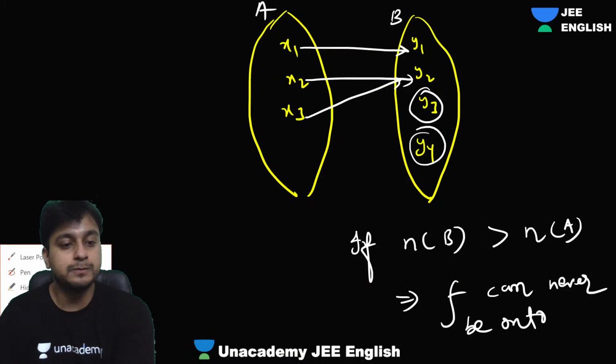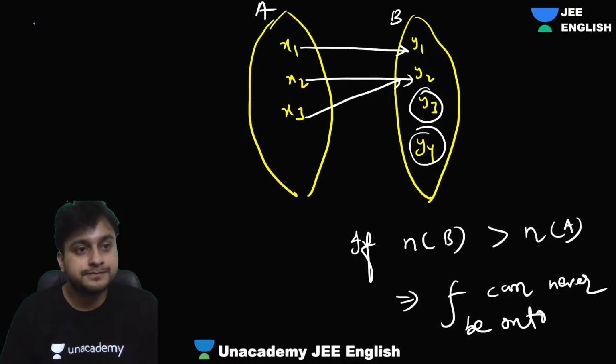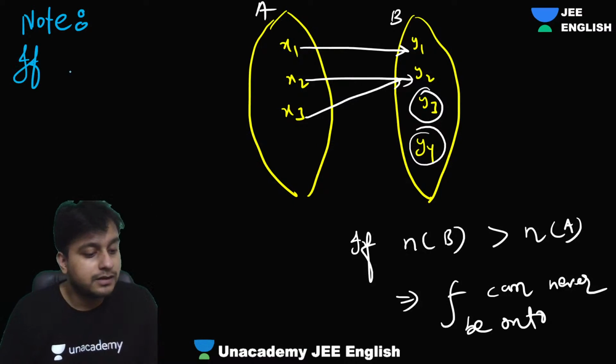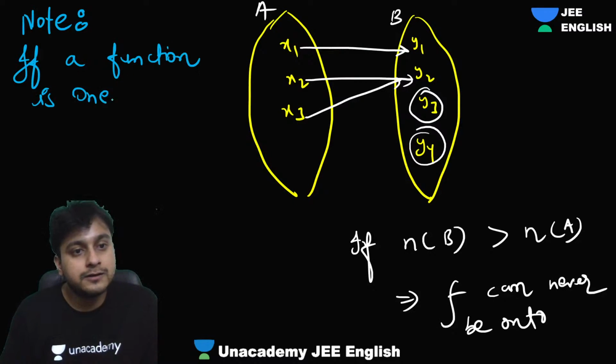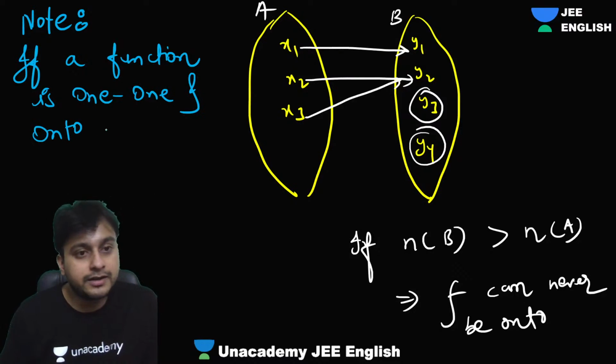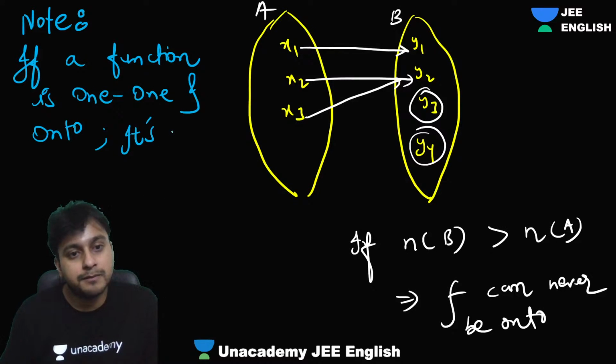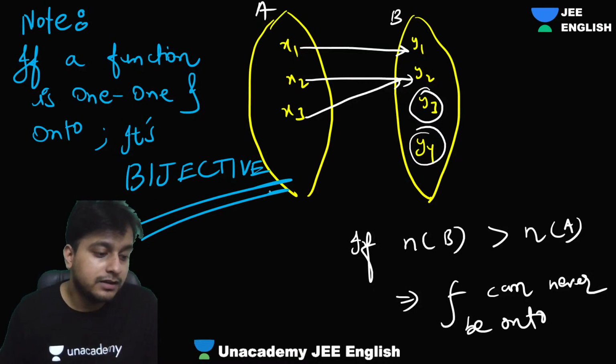A very, very important note: if a function is one-one and onto, we call it a bijective function. What do we call this? Bijective function.